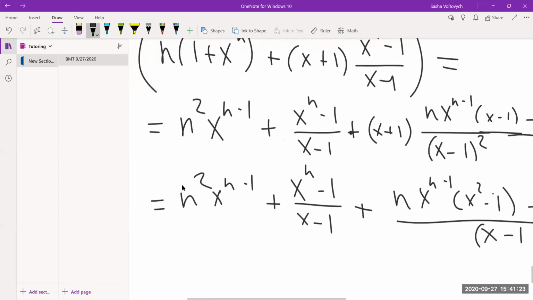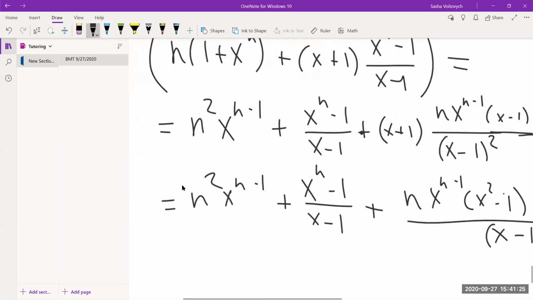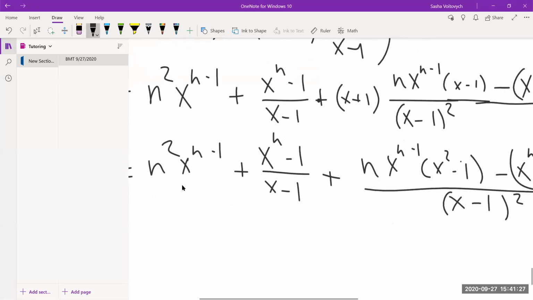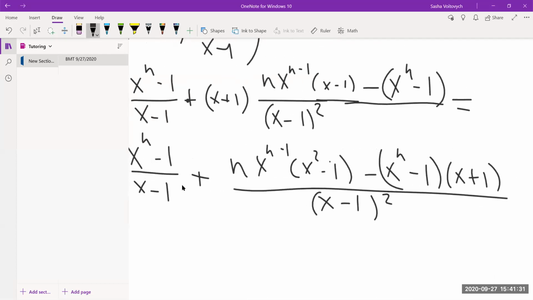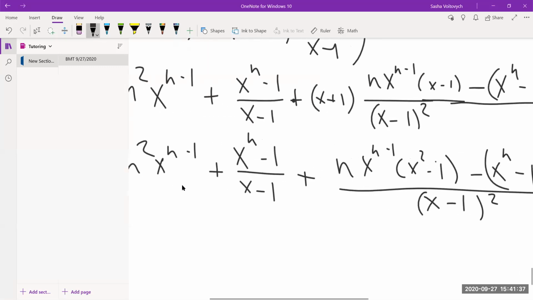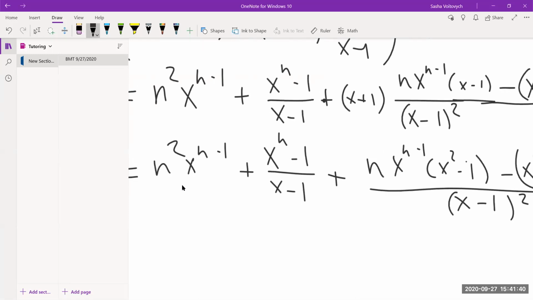All right, so this is what the numerator will look like after we differentiate it once. I'm just trying to think of any way we can simplify it, but I don't think there is a way.